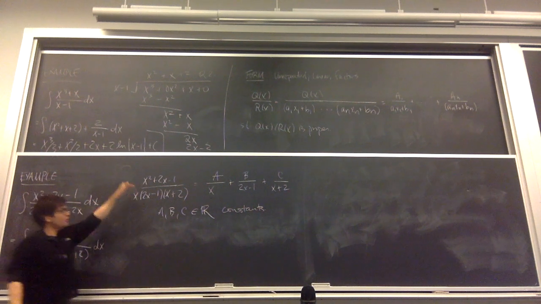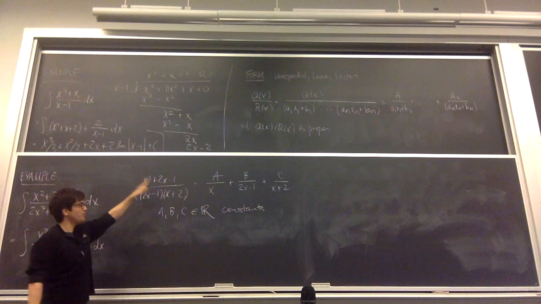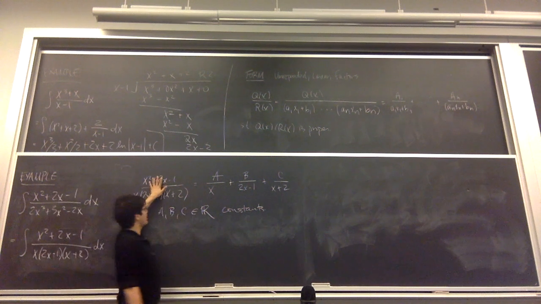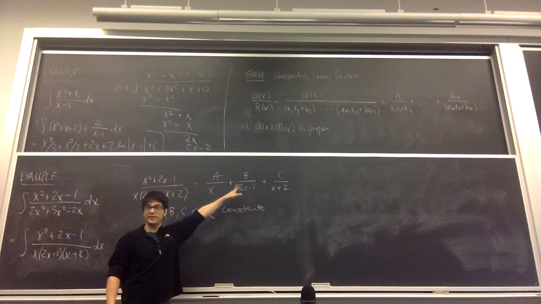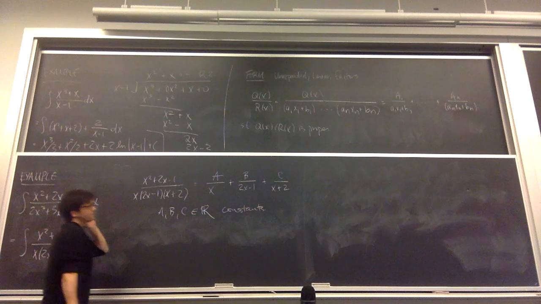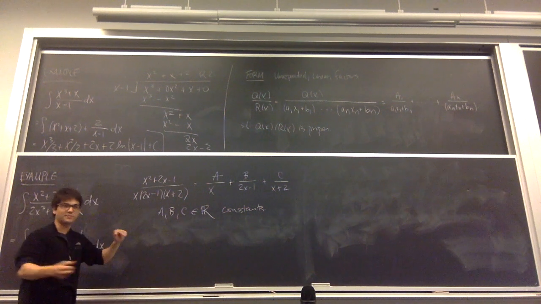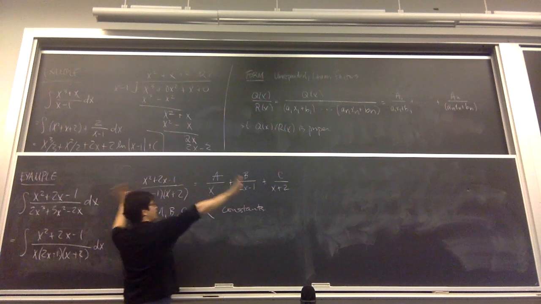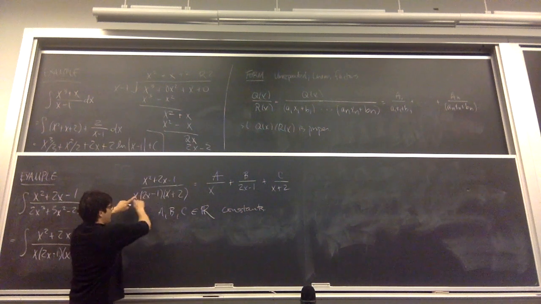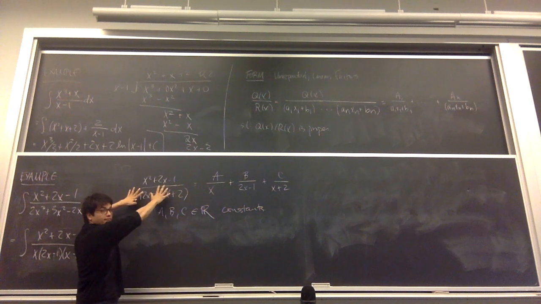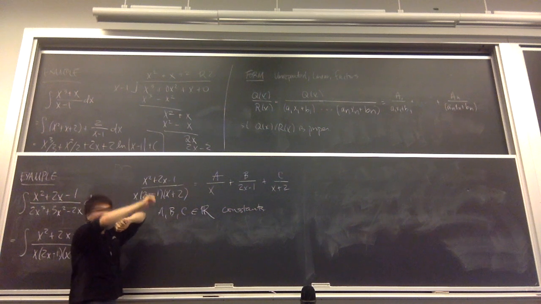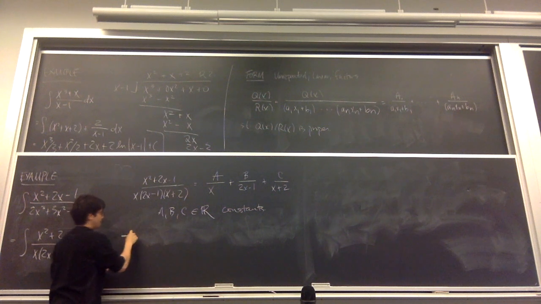Okay, so I've given you a form. I'm saying you can be assured that this is going to break up into a fraction that looks like this. What I'm going to do now is multiply, this is my technique, I prefer it to the textbook technique. Multiply all of this by the denominator here. Everyone savvy? Okay, so I'm going to multiply by the denominator. And what are you going to get?